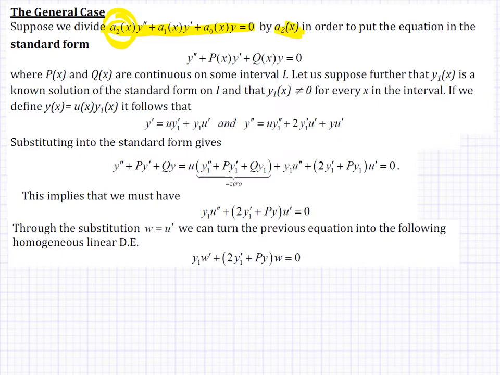Then we'll take this quotient function, this rational function, and call it p of x. We'll take this rational function here and call it q of x. And so this is our standard form for a second order linear.